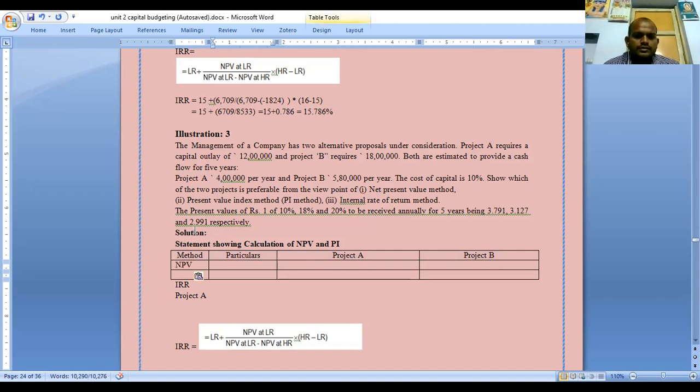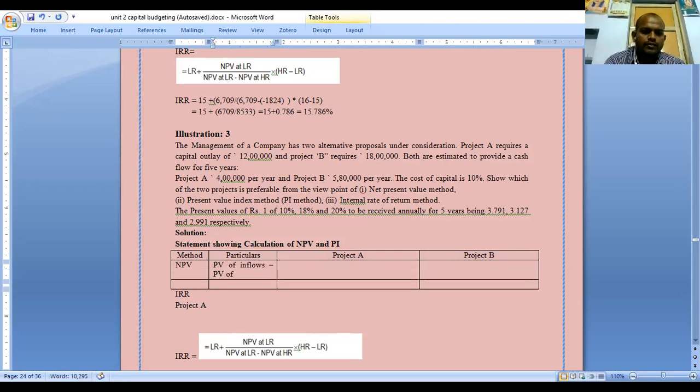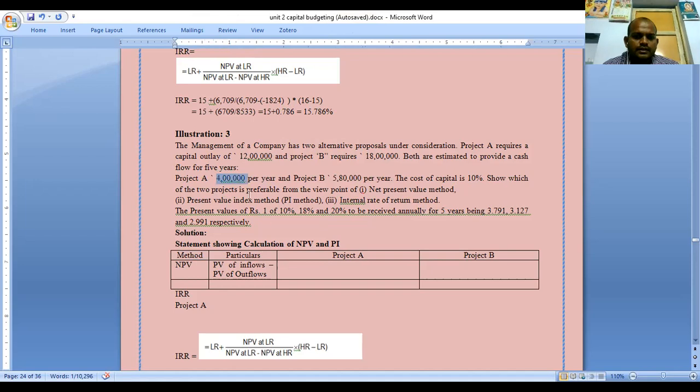So particulars, what is the formula for NPV? PV of inflows minus PV of outflows. So PV of inflows, we have to convert the annual cash inflows, that is 4 lakhs, into present value at 10% discount rate.